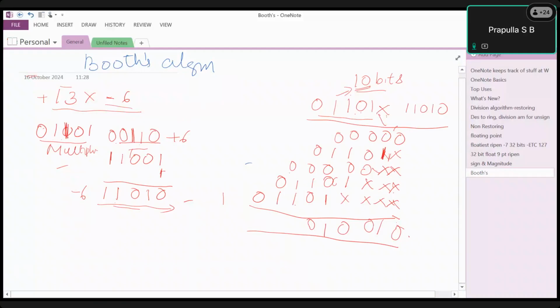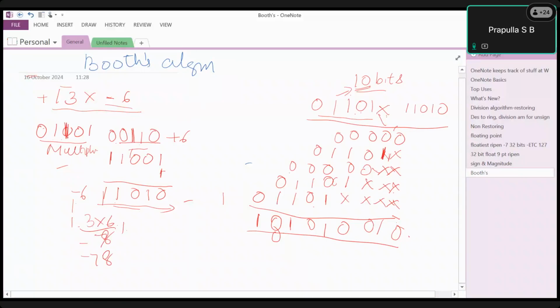Okay, so 3, again 1, again 0 and a 1. Okay, so this is what I got as the answer. What have I taken? 13 into 6. 13 into 6 should be 78. That is minus 78 I should get. Whether I've got minus 78, we will check.